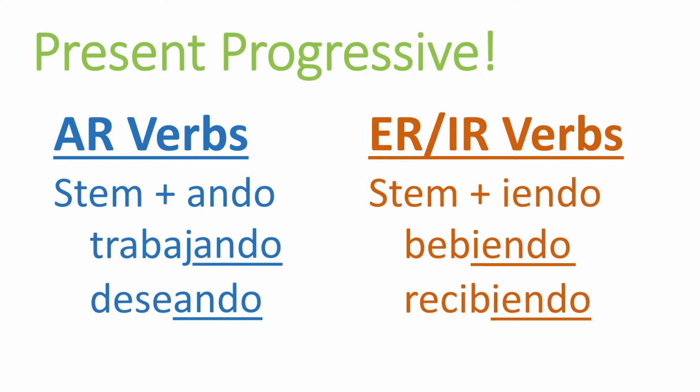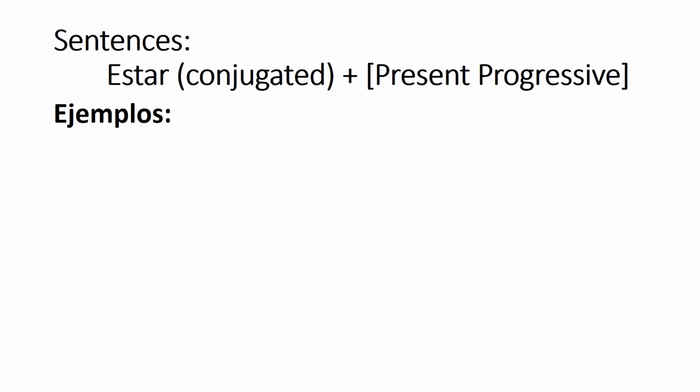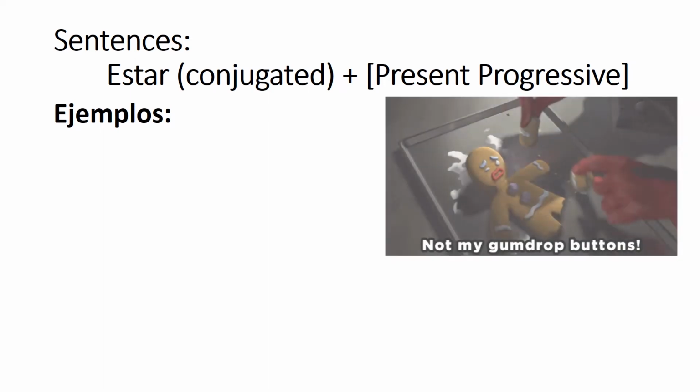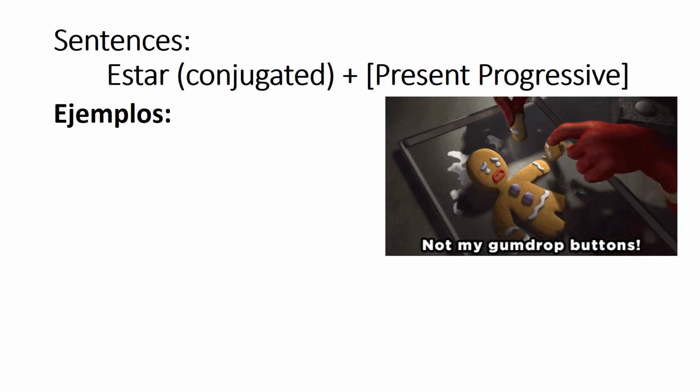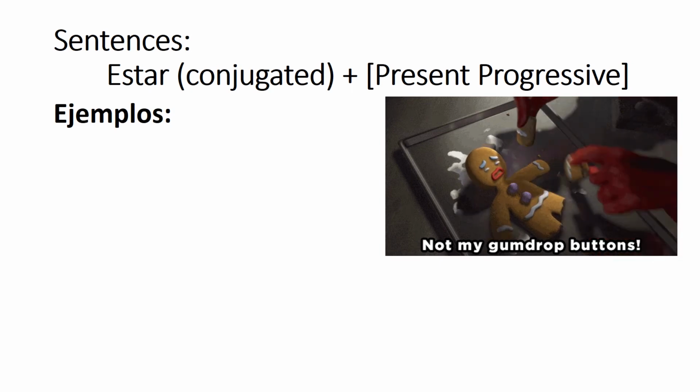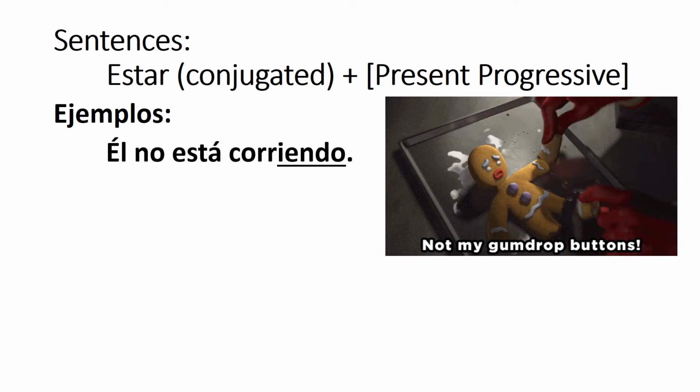Now let's look at some sample sentences. Remember, we take estar and we conjugate it, and then we just add this present progressive with the -ando ending for AR verbs and the -iendo ending for ER or IR verbs. If I wanted to say, for example, that the gingerbread man is not running, I could say él no está corriendo.